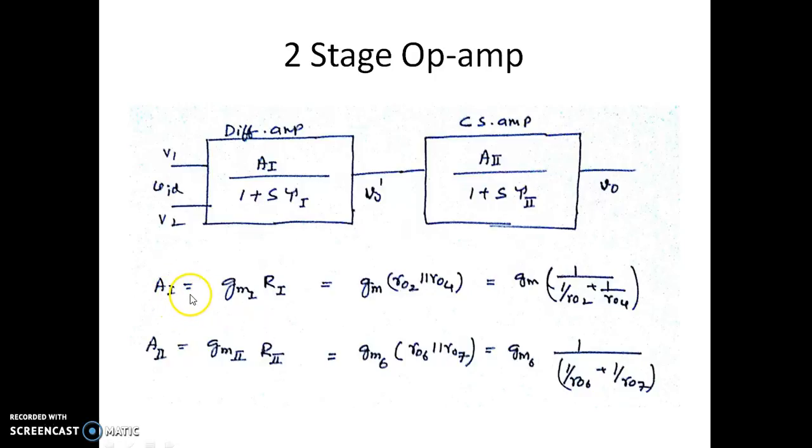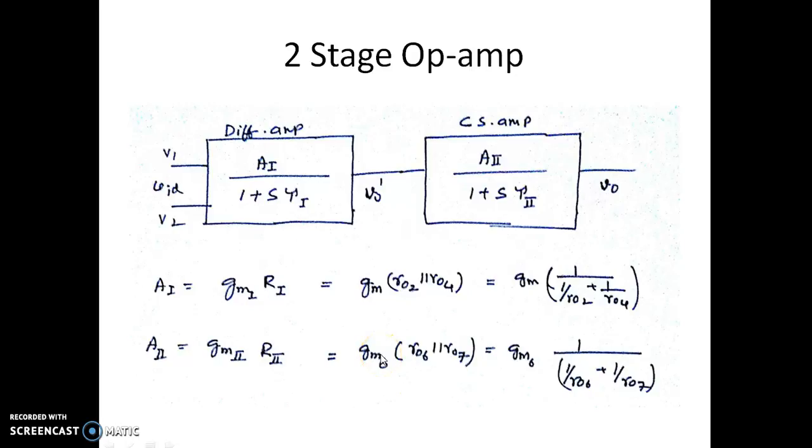So this is the A1, which happens to be GM1 into R1, GM of the first stage multiplied by the R out of the first stage. GM of the first stage happens to be GM1, and the R02 in parallel with R04 is the R out of the first stage. And similarly, for the second stage, we can write it as GM of the second stage and R out of the second stage.